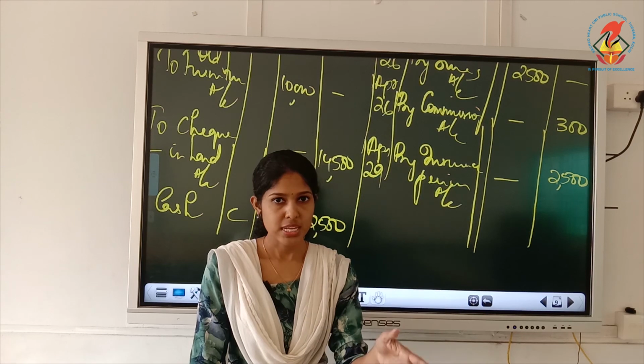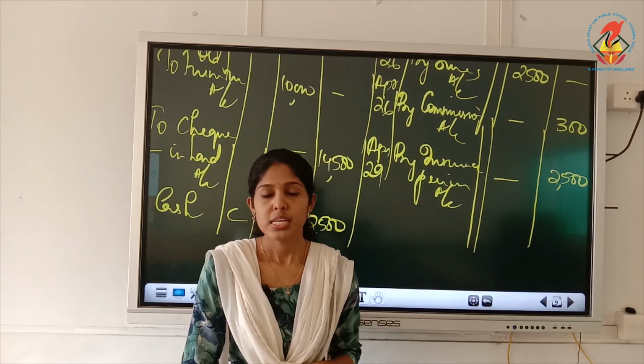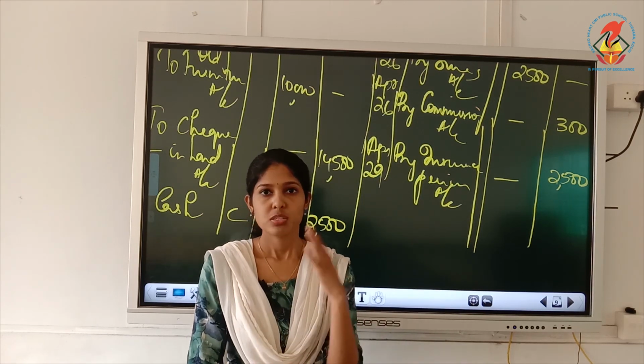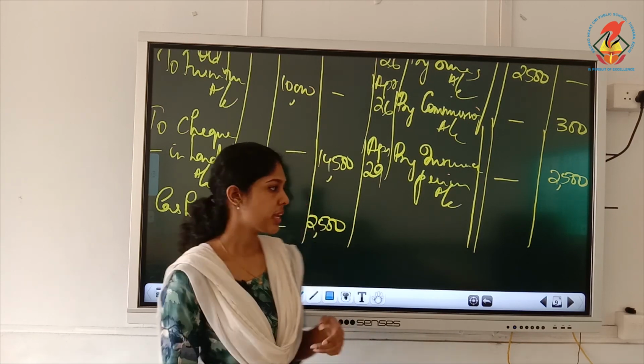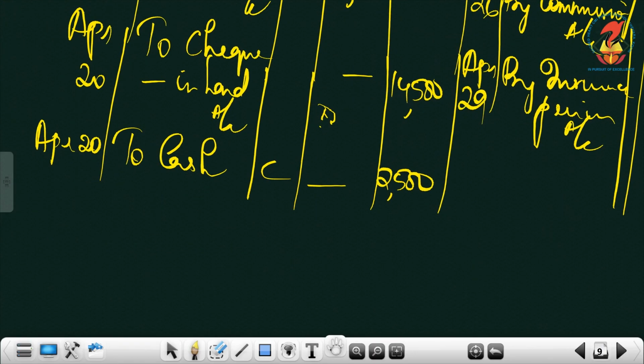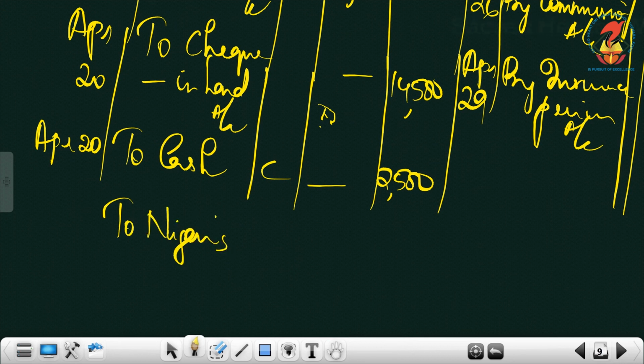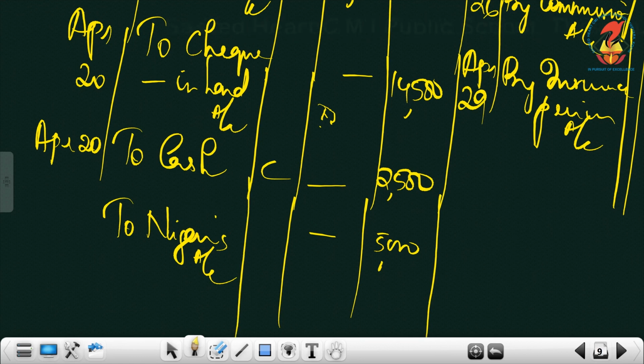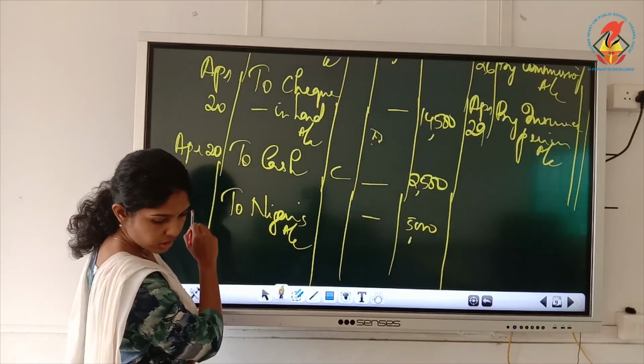So, bank account debtor to who is making the payment? Nigam. So, bank account debtor to Nigam's account will be the journal entry. So, posting must be to Nigam's account and you must debit the bank account. Amount is 5,000. So, now the posting is over.